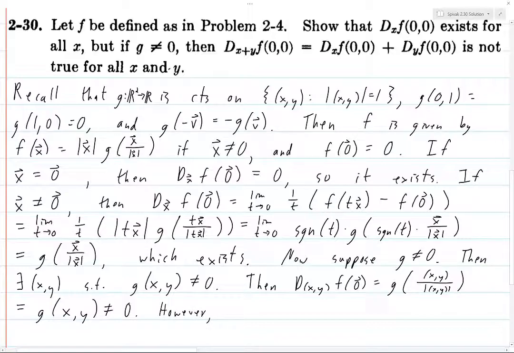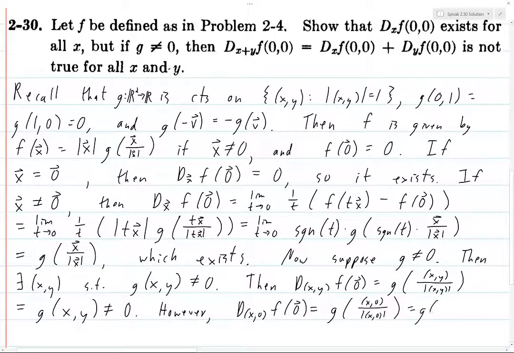However, let's look at the individual coordinates separately. d_(x,0) f at 0 is going to be g of (x, 0) over the norm of (x, 0). And so this is just going to be the vector (1, 0).